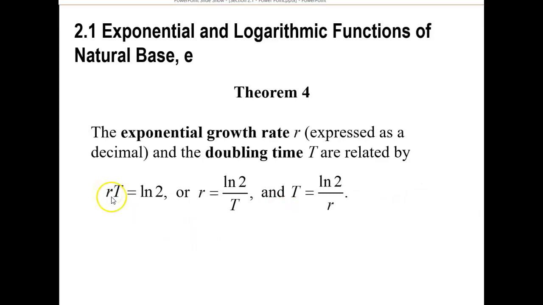Growth rate as a decimal, or interest rate as a decimal, times the doubling time is always equal to natural log of 2. So I can rearrange this however is convenient for the problem. I could write this as r equals natural log of 2 over T if I wanted to solve for r, or I could write this as T equals natural log of 2 over r if I wanted to solve for T.